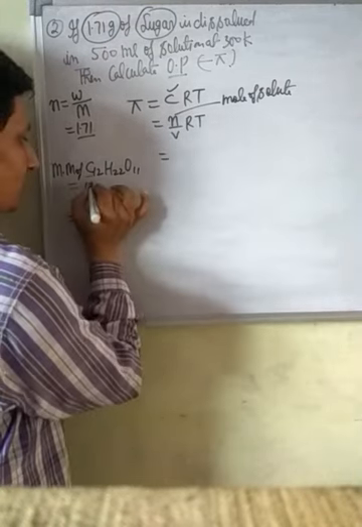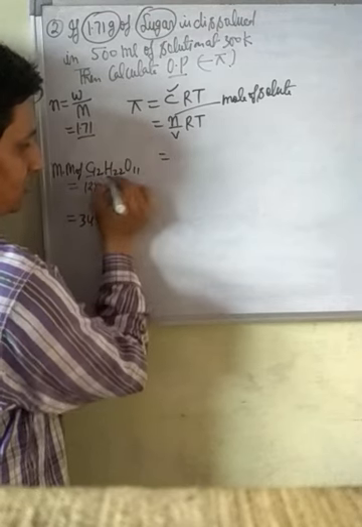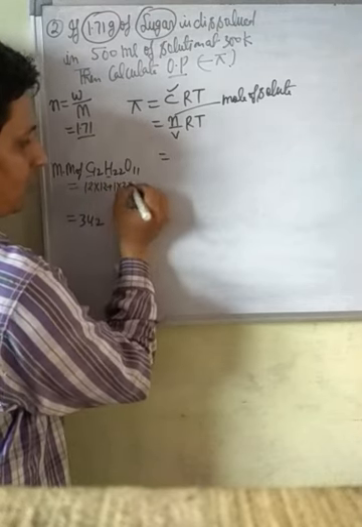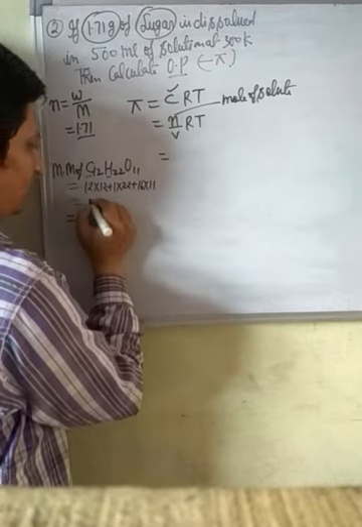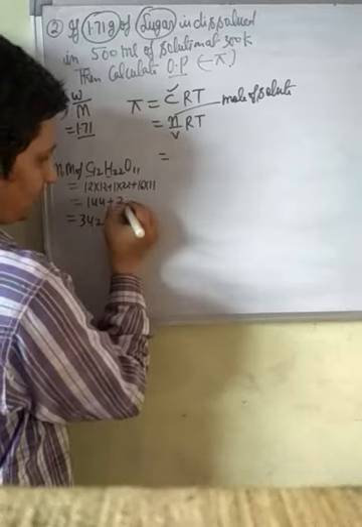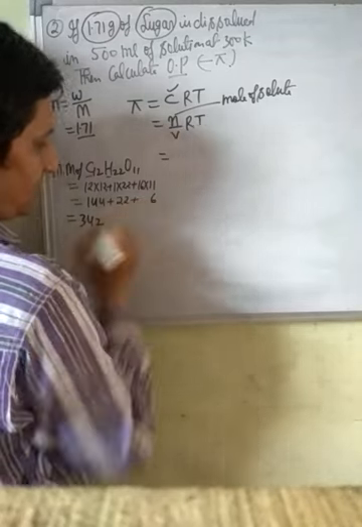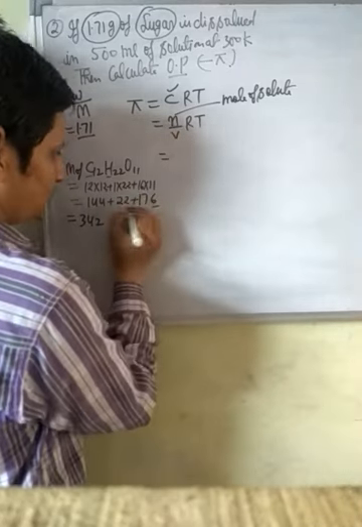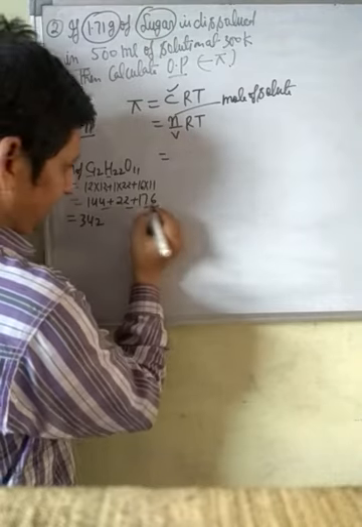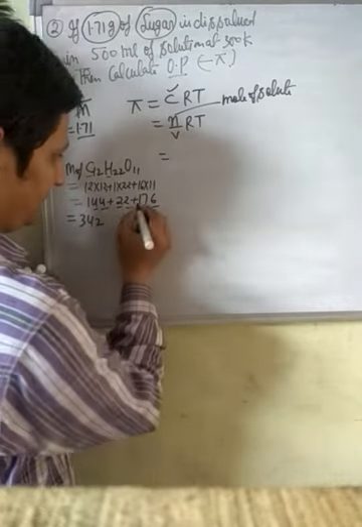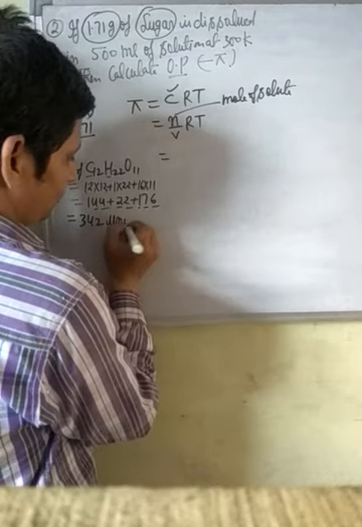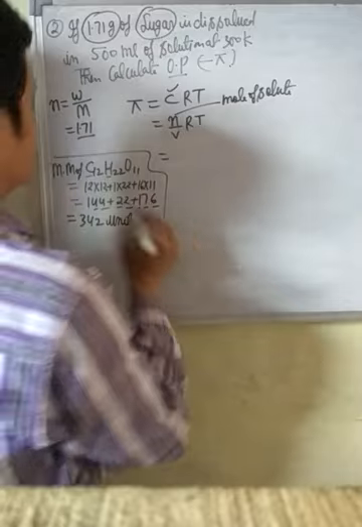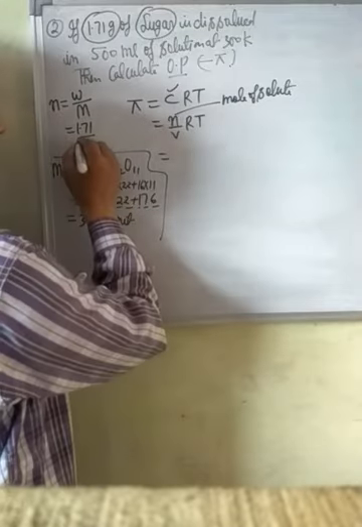But how? Look here: mass of one carbon atom 12 into 12 plus mass of one hydrogen 1 into 22 plus mass of oxygen 16 into 11. Finally we get 144 plus 22 plus 176, which is 342. So molecular mass is 342.